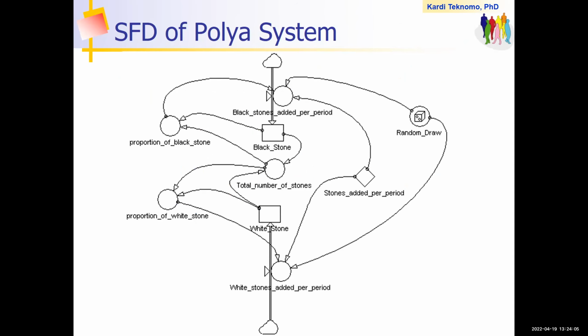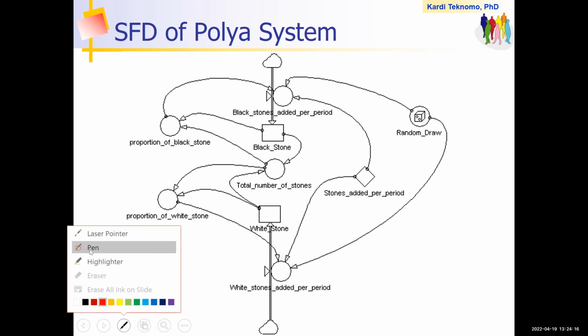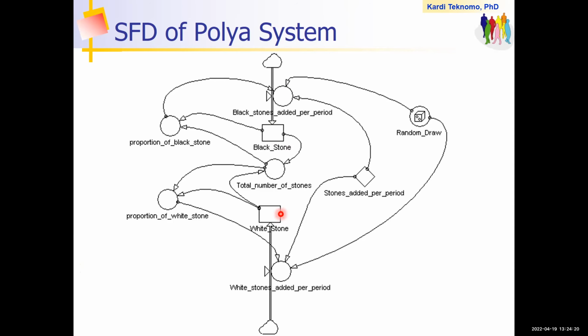So this is the system. I call this a stock flow diagram. If you look at this, there are two levels. This is the state level, and these are the rates.